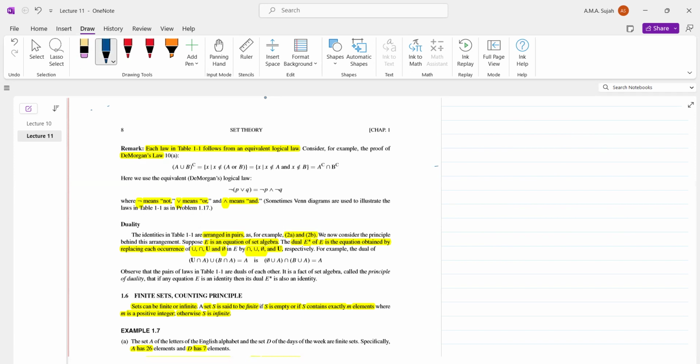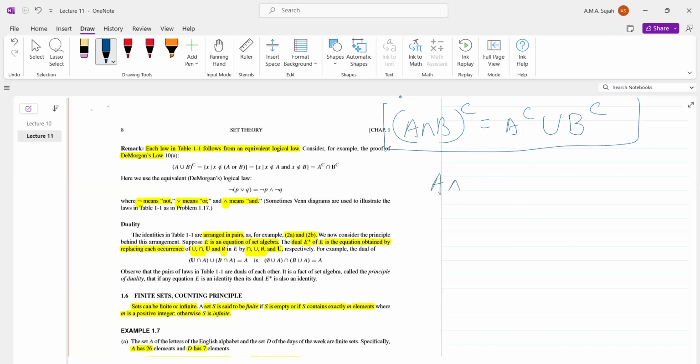So if you think about De Morgan's law, we discussed A intersection B, whole thing complement, is equal to A complement union B complement, right? This is De Morgan's law in set theory. The same law you discuss in the logic class, right?